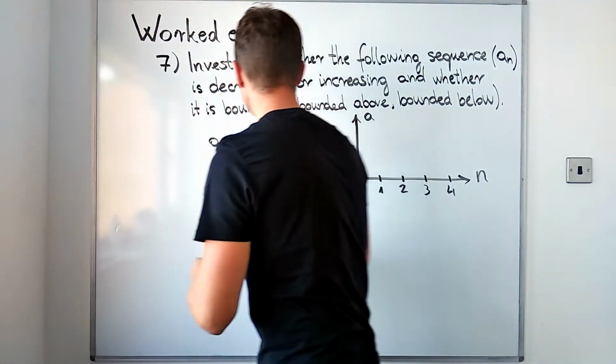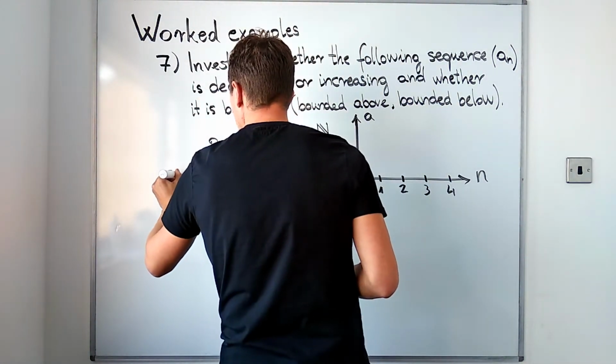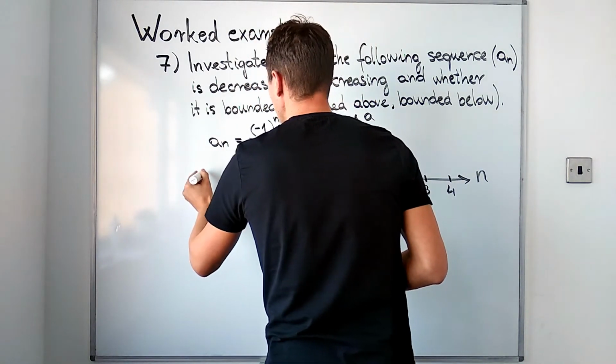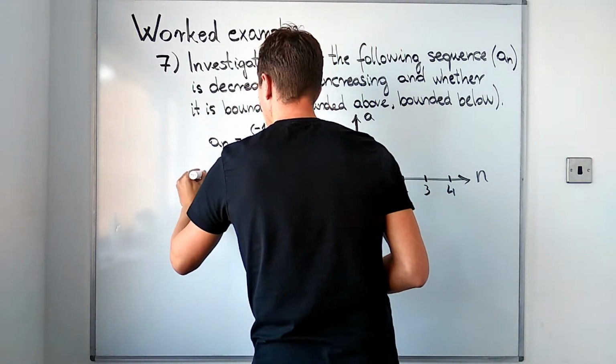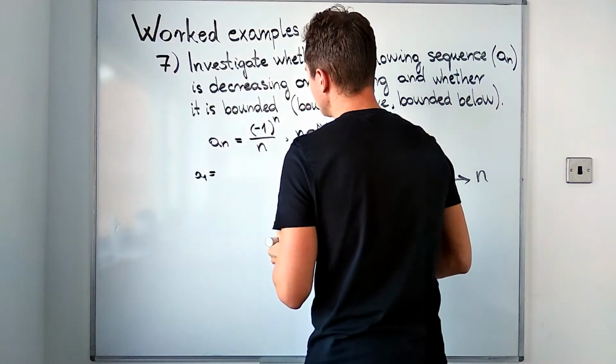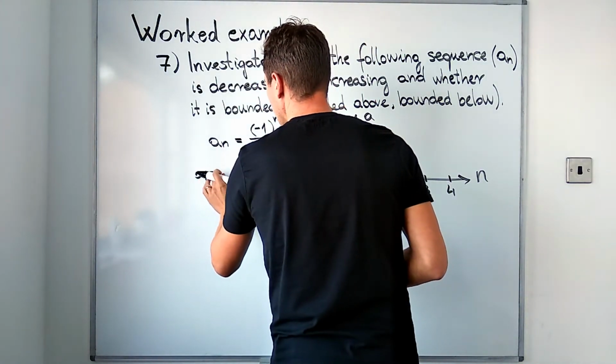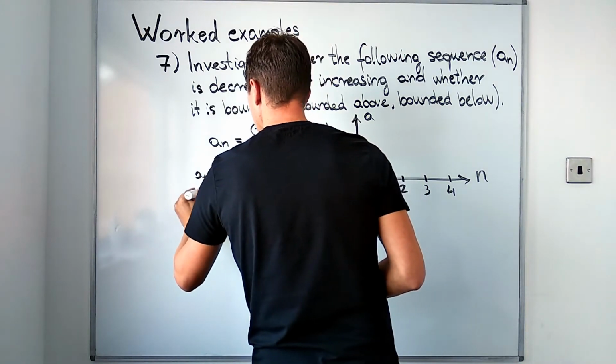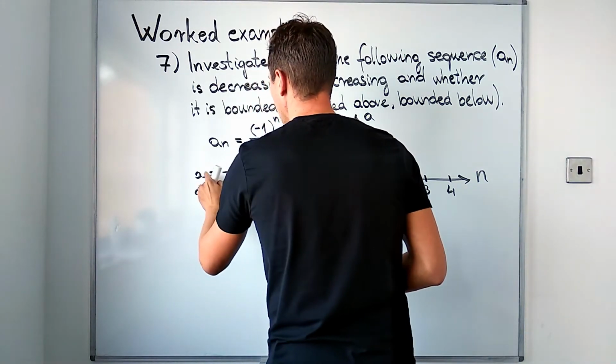And it's always a good idea to write out the first few terms of the sequence. So what do we get when n is equal to 1? We'll get (-1) to the first power, that's -1, divided by 1, giving us -1. So the first term is -1.